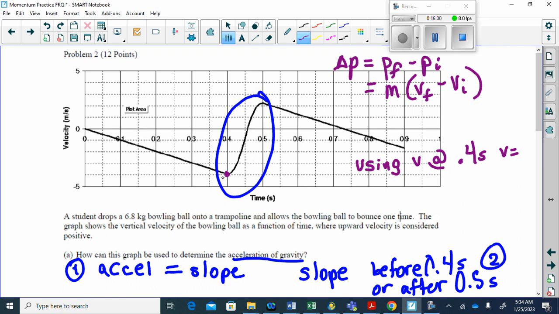The velocity at 0.4 seconds is approximately -4. And the velocity at, I don't know, what do we want to say, about here? So the velocity at 0.5 seconds. And this is when it's in contact with the trampoline.